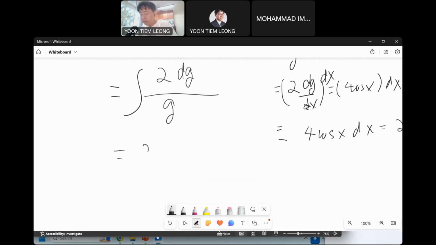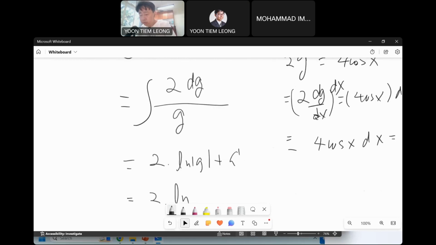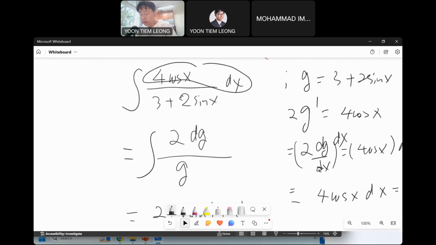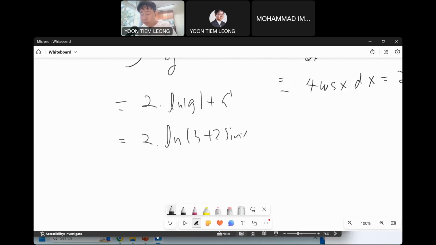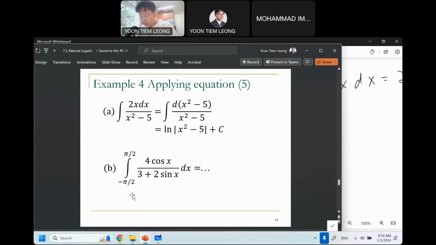This is simply 2 times log of g plus a constant, and g is defined to be 3 plus 2 sine x, so 2 log of 3 plus 2 sine x plus c.